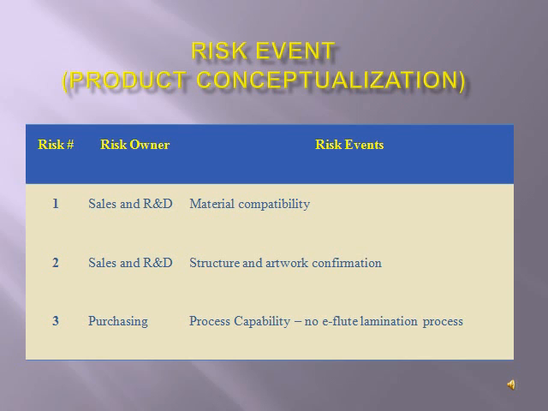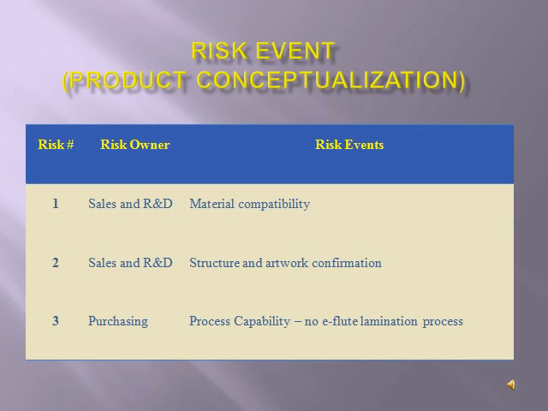3 risk events were identified during product conceptualization. Risk number 1, whether material was compatible with customer existing sample goods from overseas. Risk number 2, drawing structure and artwork design confirmation. Risk number 3, process capability.